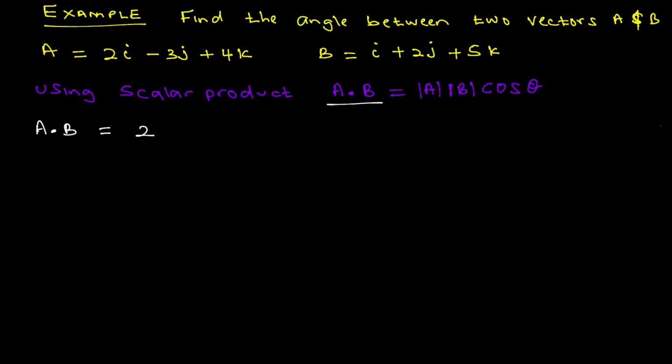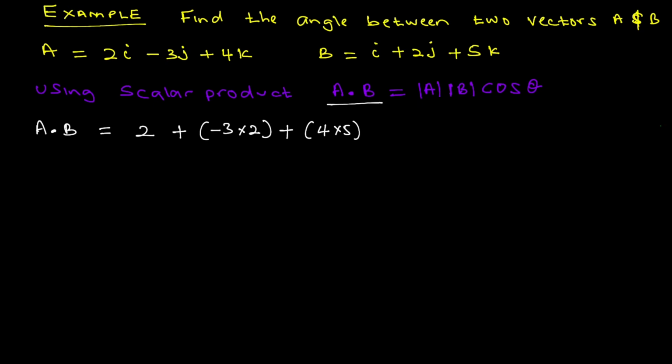And this is minus, so we add it: minus 3j times 2j, that will be minus 3 times 2, and plus 4 times 5. 4k times 5k would be 4 times 5 because k times k is 1.